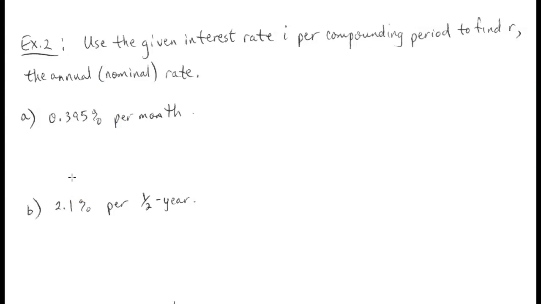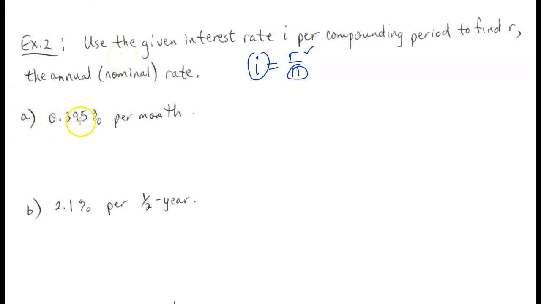So in our example number 2, we're kind of taking the opposite approach here, where we know that the interest rate per compounding period is R divided by N, but now what we are going to be given is the interest rate, and we will be given the compounding period, and what we want to find is the annual nominal interest rate.